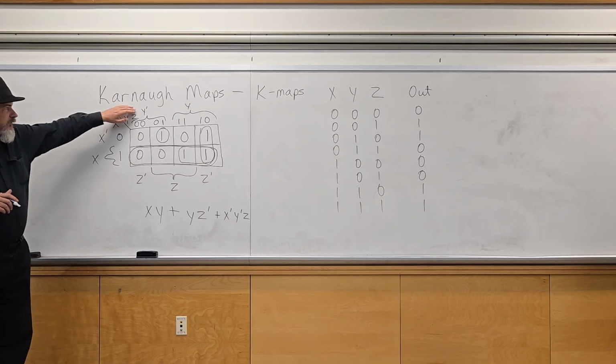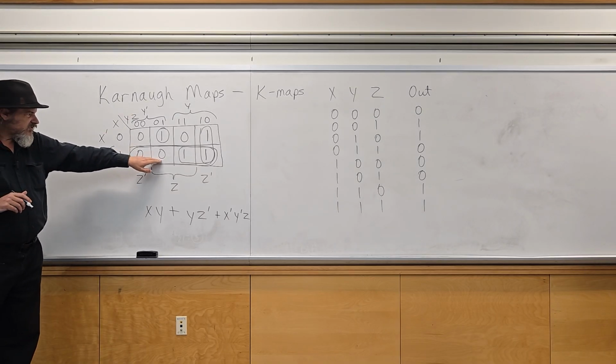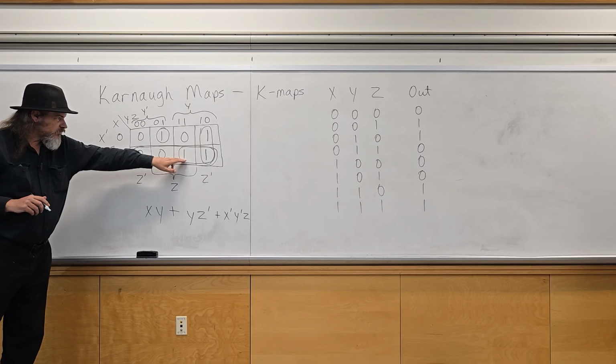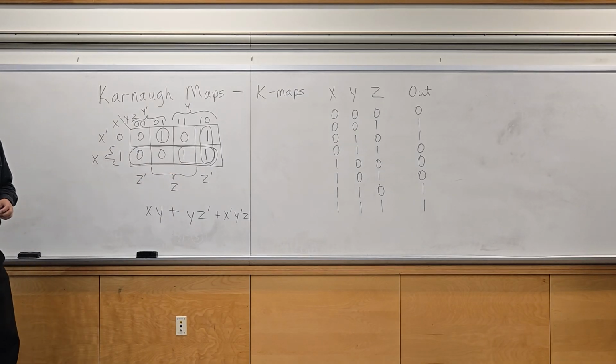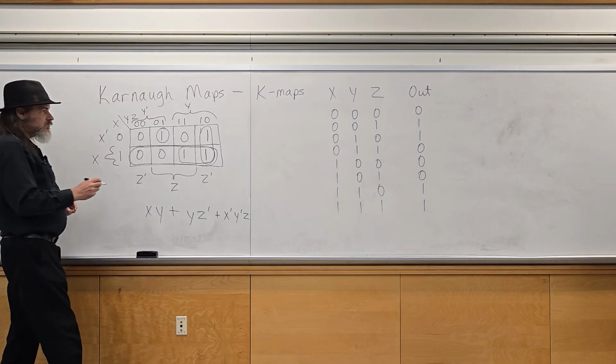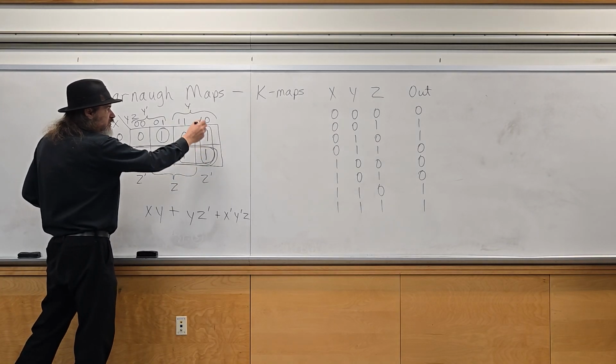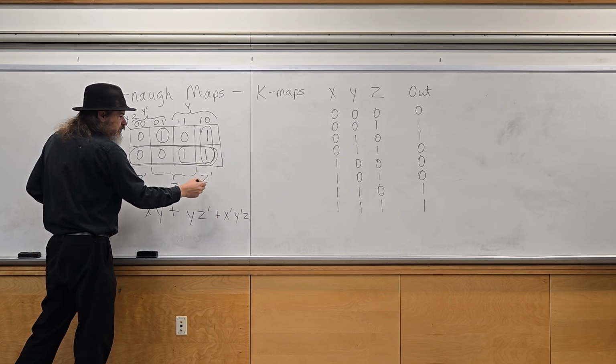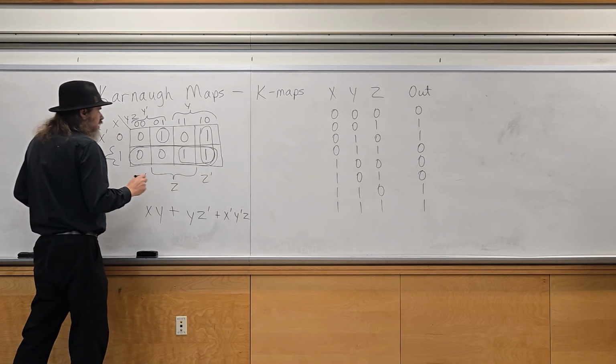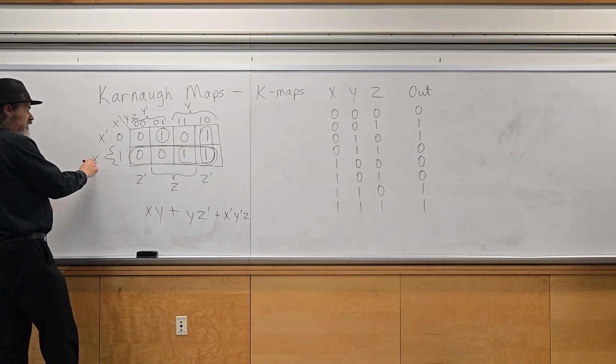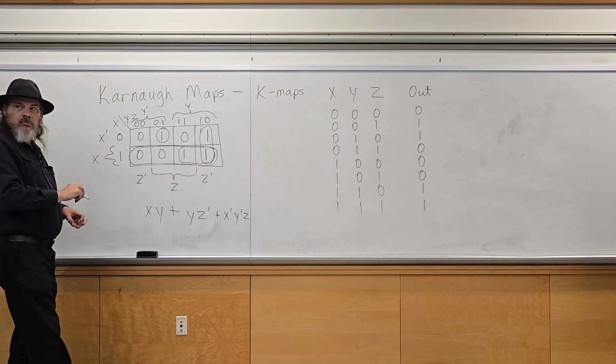The Y prime is not included in this group. Yeah, the second group is in the Y section and the Z prime section, and the X and X prime don't matter.